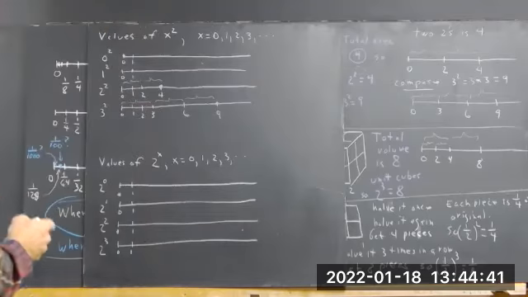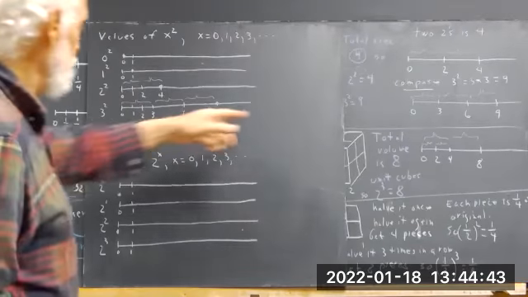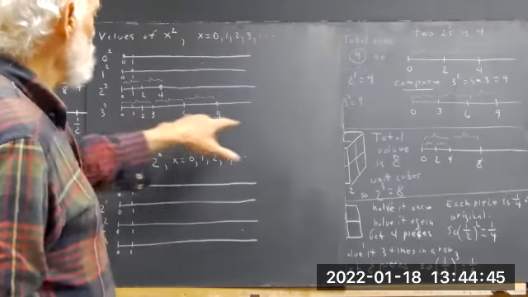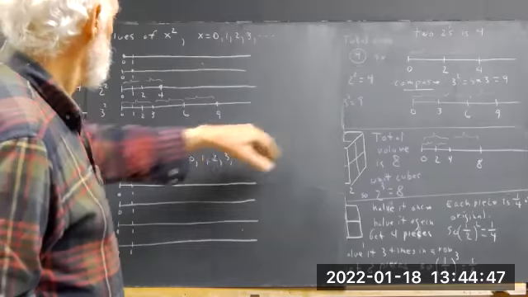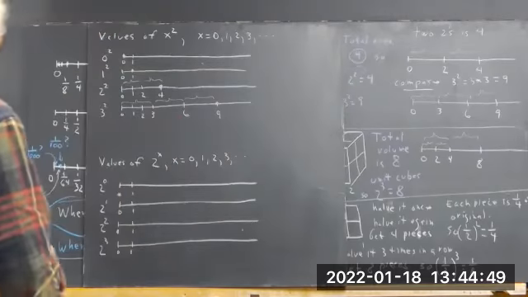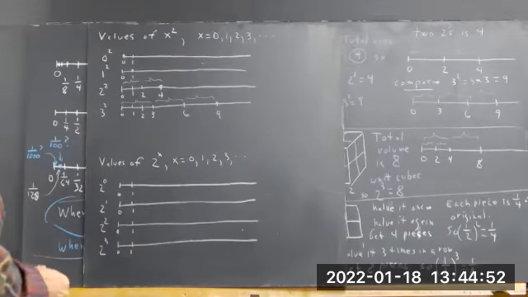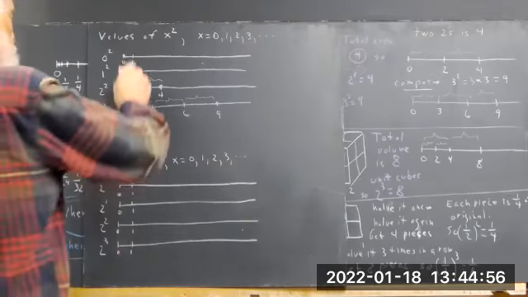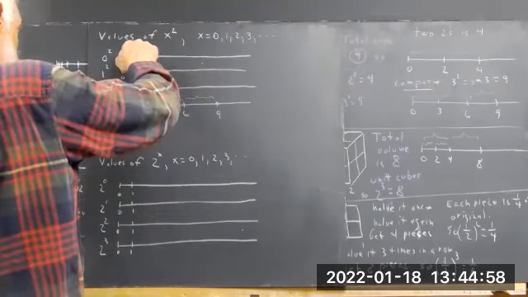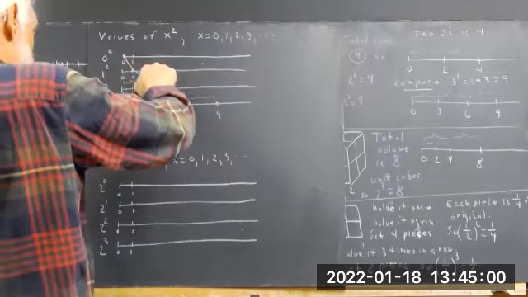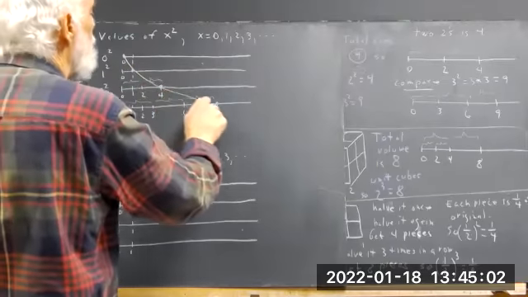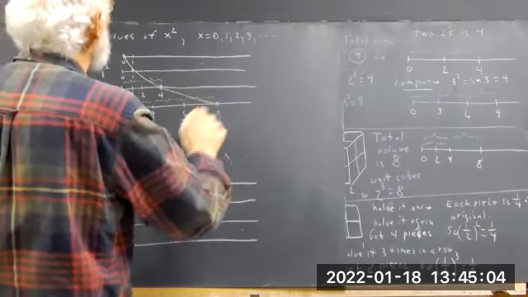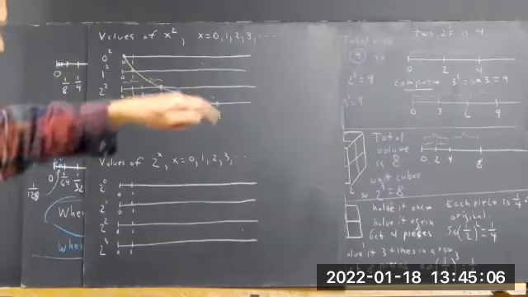We could even go as far as 4 squared and get it on the board. It'd be 4 4s, it'd be out about here. And I'm going to even go to the extent of sketching a little curve. Through these points, you get kind of a smooth curve.